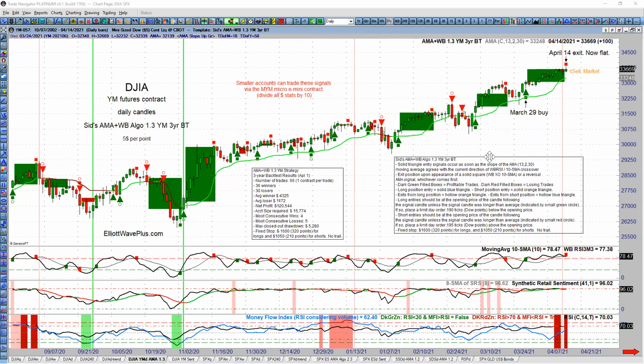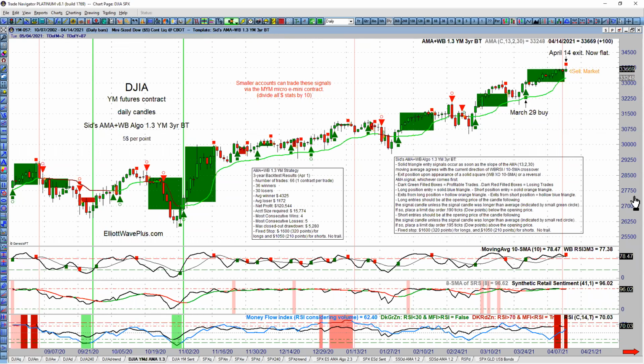And this is an example of an algo that I wrote to automatically trade the Dow Jones Industrial Average, specifically the YM futures contract. All of the signals associated with the premium plan are built on daily signals, or daily candles, daily charts, and indicators that are on a daily chart.